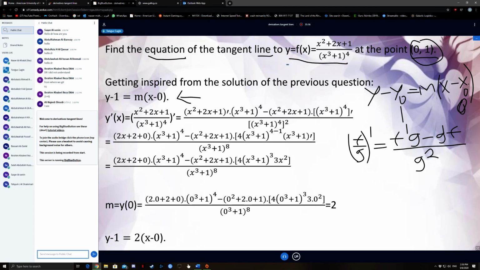Just write x squared plus 2x plus 1 instead of f, and x cubed plus 1 to the power 4 instead of g in this formula, because that's your f and that's your g. No calculation. That's the answer.